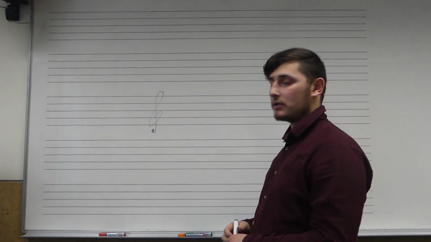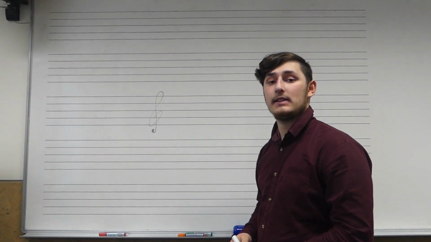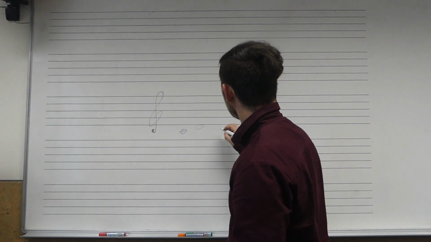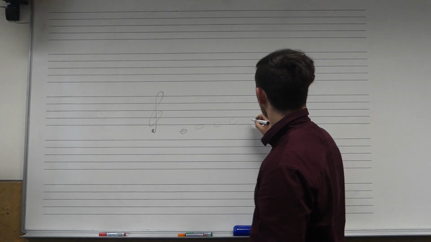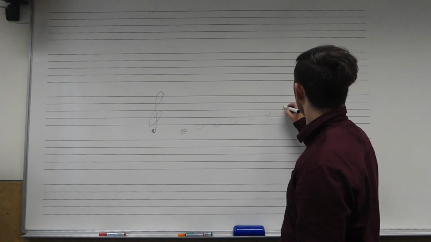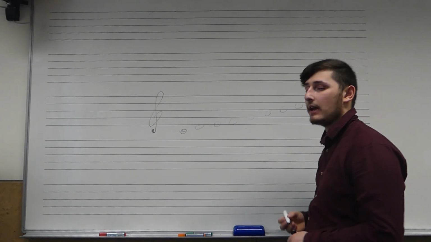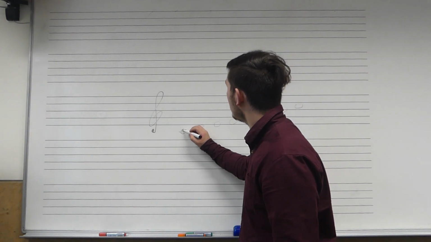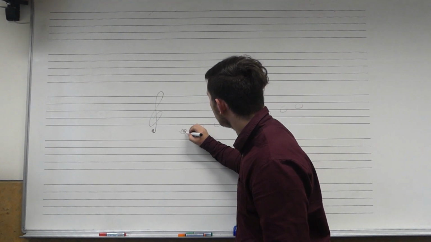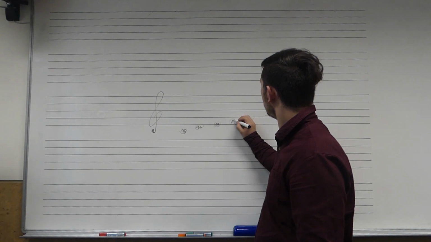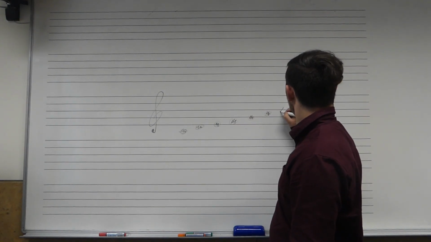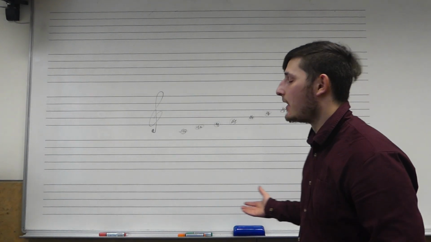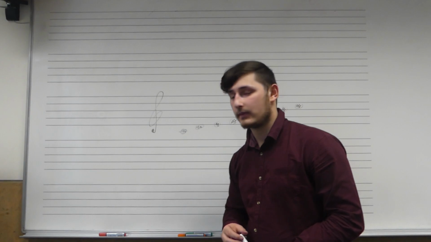So I'm going to write out the C major scale. C, D, E, F, G, A, B, and C. And as we can recall from before, C major has no sharps or flats. So, now we're going to identify some intervals.